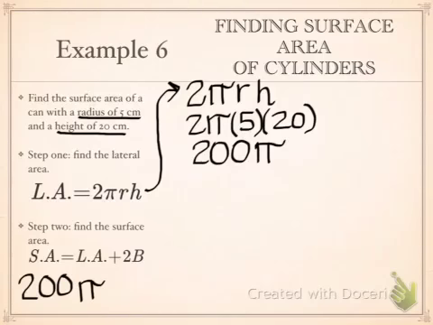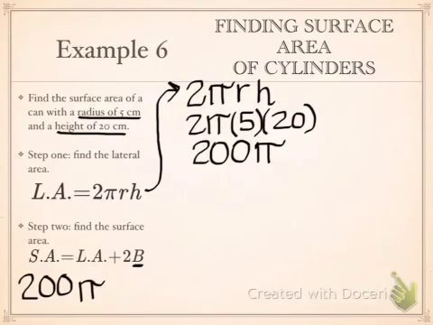And then the hard step is doing the plus 2 times the base, because we have to figure out, if it's a can, what shape is the base. Obviously it's simple because we're doing just cylinders. But if you were doing a mixed set, you would have squares, triangles, trapezoids, whatever to choose from, and you'd have to know that you have a circle that you need to find the area of, because it doesn't tell you.